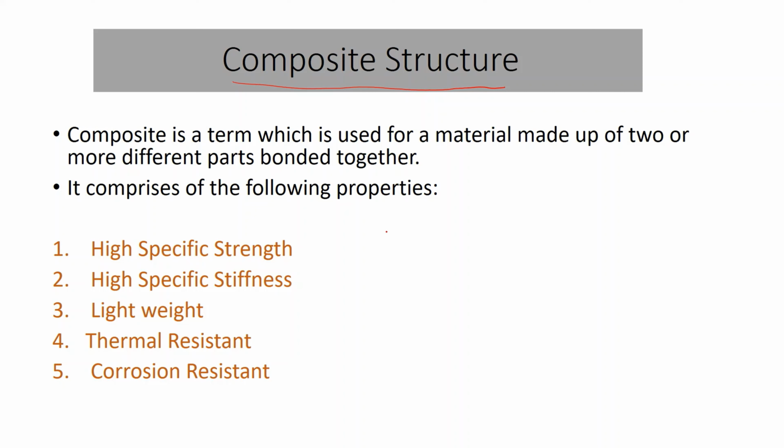So any material or structure made up of two or more materials, we say it is a composite structure, and it has properties such as high specific strength, high specific stiffness, lightweight, thermal resistance, and corrosion resistance. These are the main properties of composite structures due to which we use them other than the normal materials.